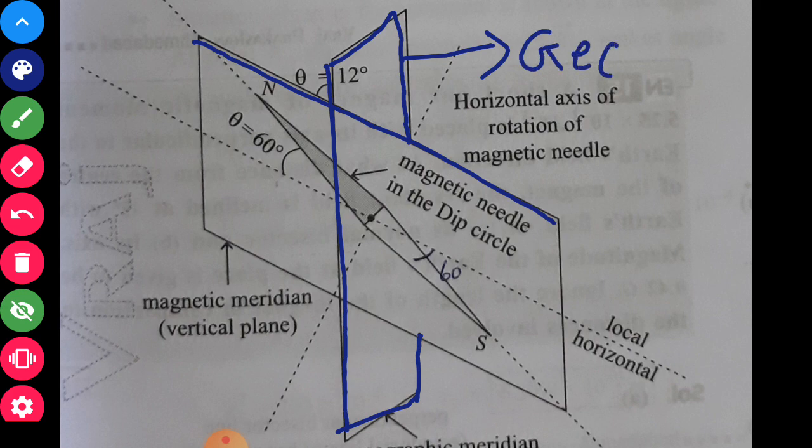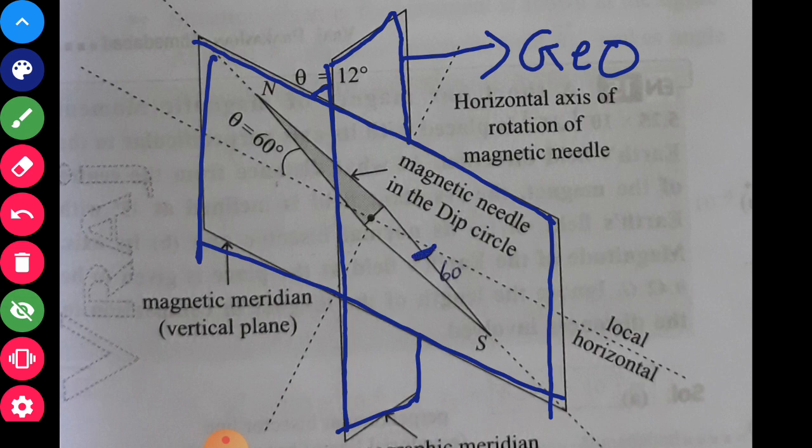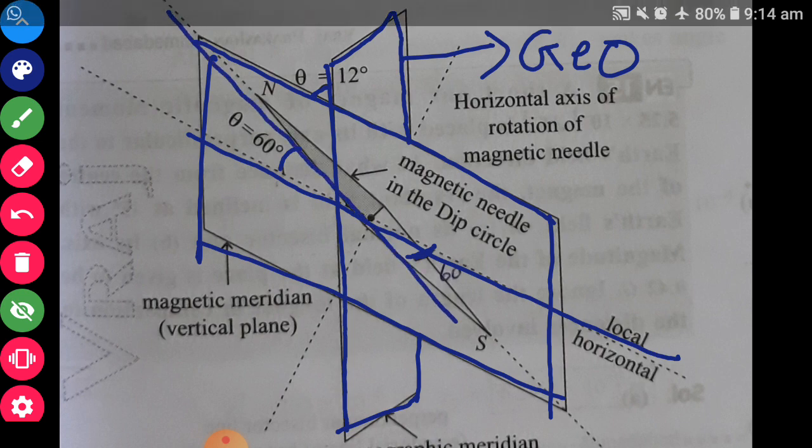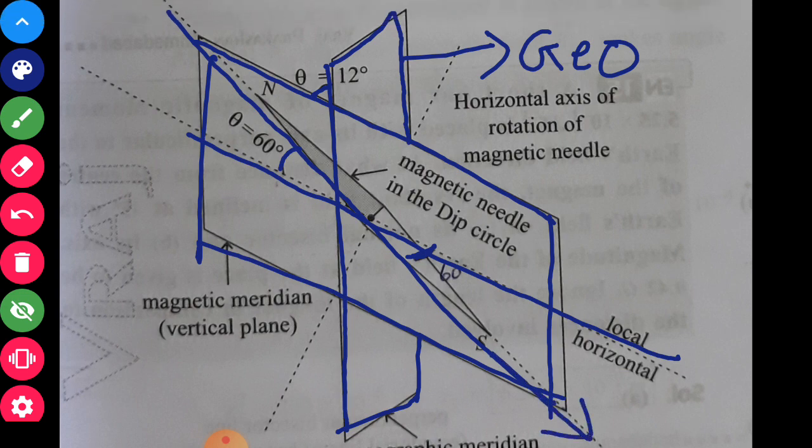The angle between these two planes is given, 12 degrees. Now the magnetic needle, which is allowed to rotate vertically in the magnetic meridian, is making an angle of 60 degrees with the horizontal line. So this is the horizontal line, and here a 60 degree angle is made, here also 60 degrees, vertically opposite angle. So this is the actual north-south direction of the magnetic field.